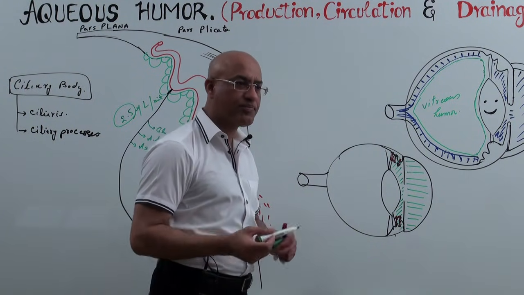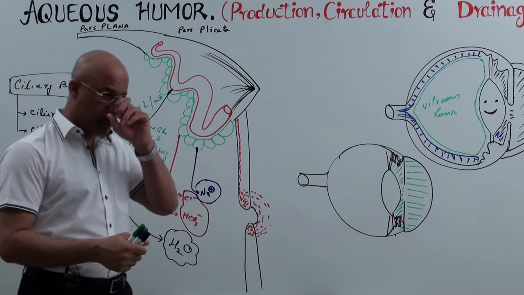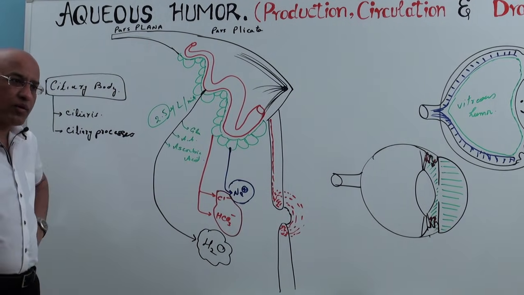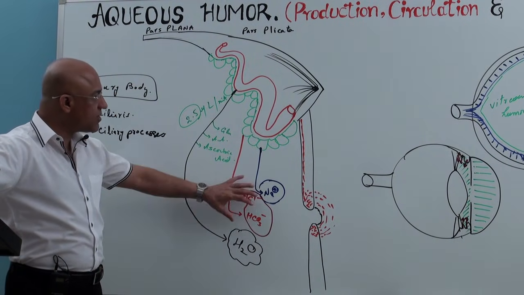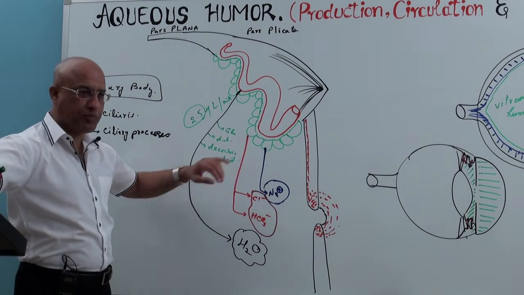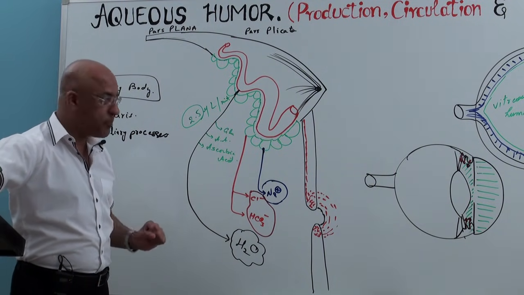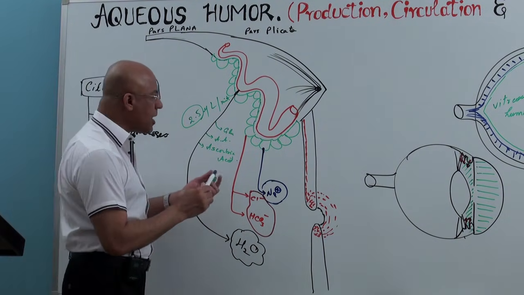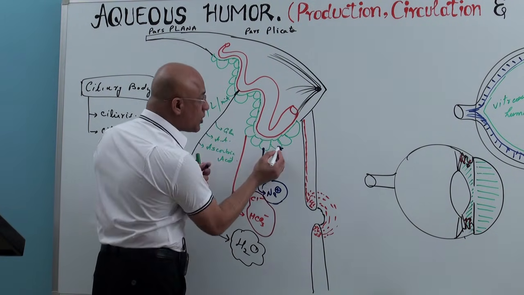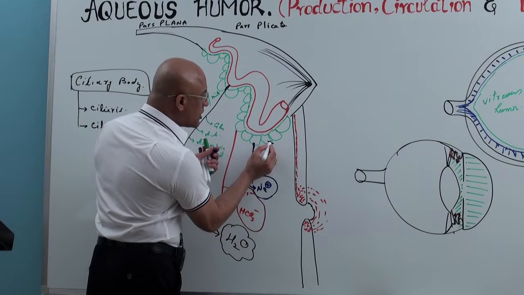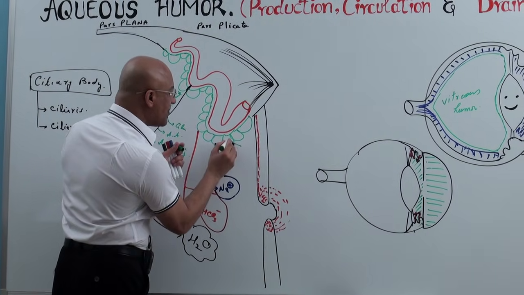Now you have a question. Sir, I am not able to understand whether these ions, sodium and others, are secreted by the stroma or by the epithelium? Okay, very good question. He is asking whether all these ions are really secreted by stroma or epithelium. The answer is very specific: epithelium. Because epithelial cells have the pumps here, sodium potassium ATPases, which are actively throwing sodium out and taking potassium in.